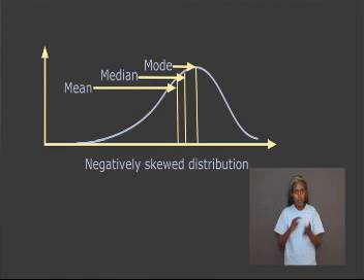If the mean is the smallest in value and the median is larger than the mean but smaller than the mode, then the distribution is negatively skewed. This means that the curve is skewed to the left.